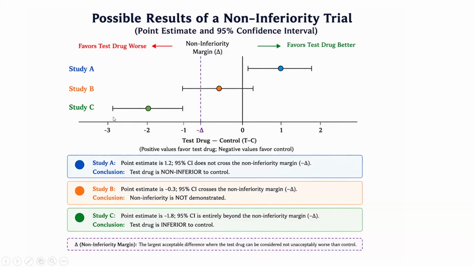And in study C, it is inferior because the 95% confidence interval is totally below this non-inferiority margin. So we can say the standard drug is superior to the test drug. In this case, the test drug is worse compared to the standard treatment. So this is a scenario.